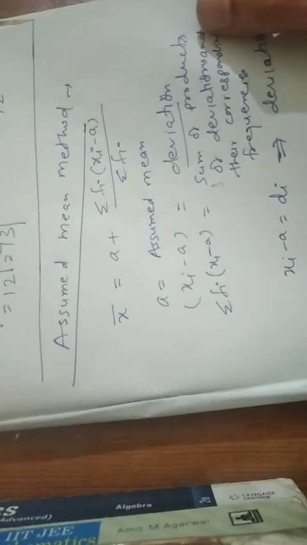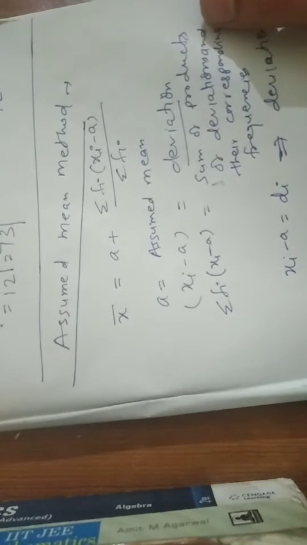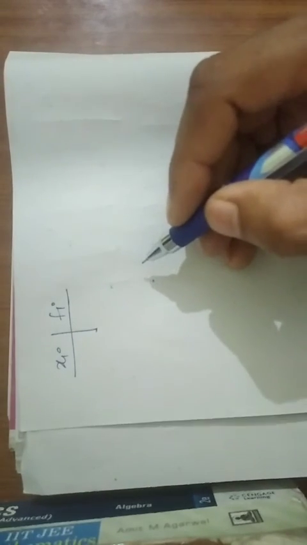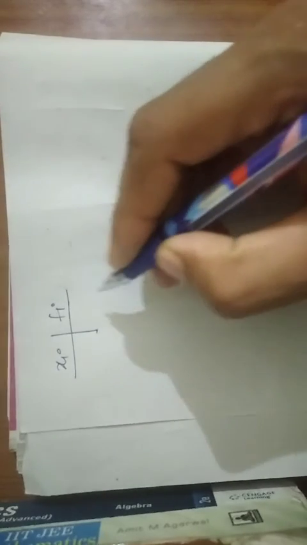In this method, dear students, we will be given all the xi's and their corresponding frequencies fi's, and we have to find the x bar. That is, to solve the problem of arithmetic mean by using assumed mean method, we are given xi's and fi's, and we have to find the arithmetic mean.